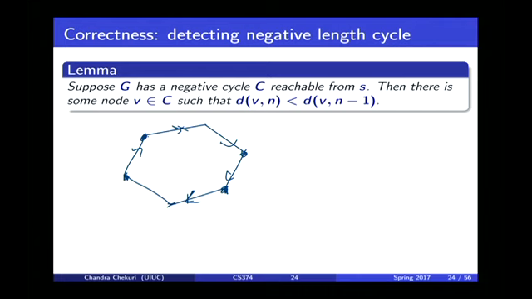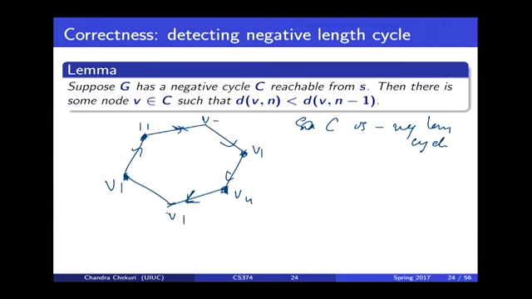So what happens in the last iteration? We'll prove by contradiction. C is a negative length cycle. That means the sum of the edge lengths is negative. Let's number these vertices: V1, V2, V3, V4, V5, V6.